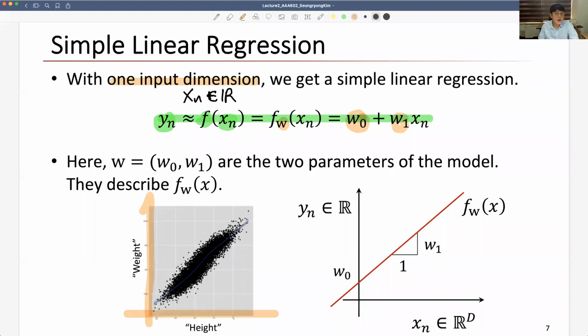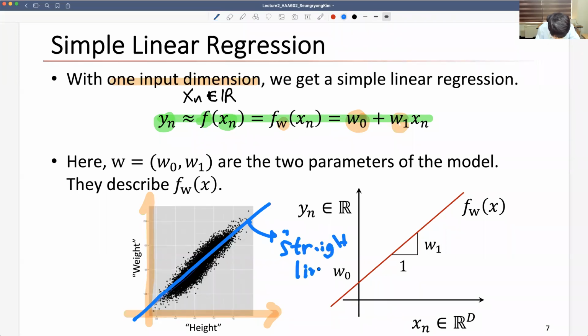Okay, let's say we want to find out the relationship between height and weight. Then what do we want to do? We want to find this straight line which approximates the training data set well, right? Then how can I formulate this straight line? We need some kind of mathematical formulation.